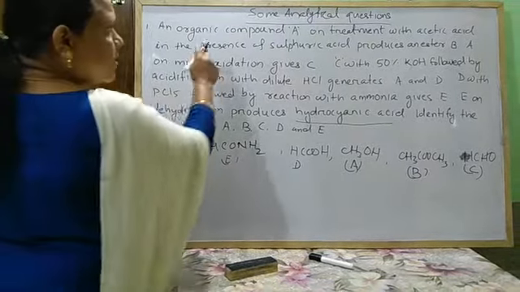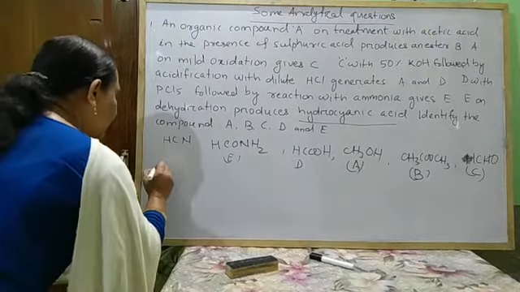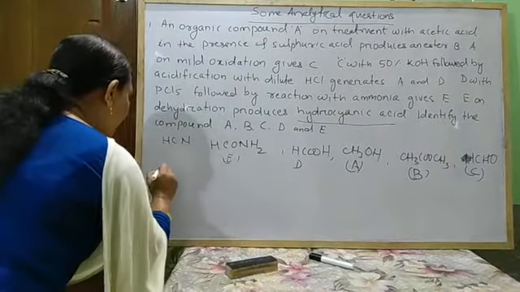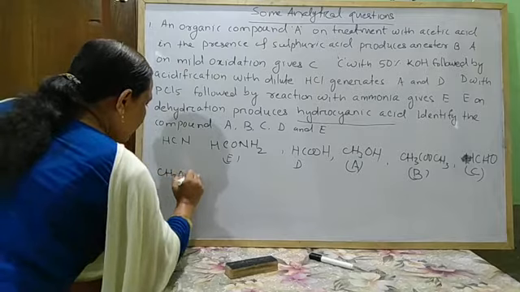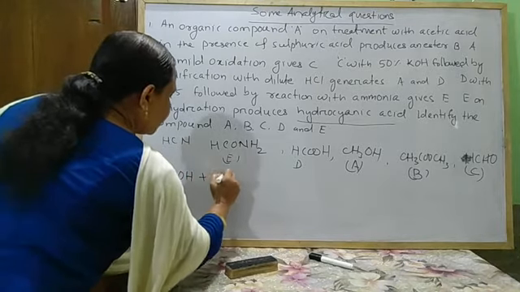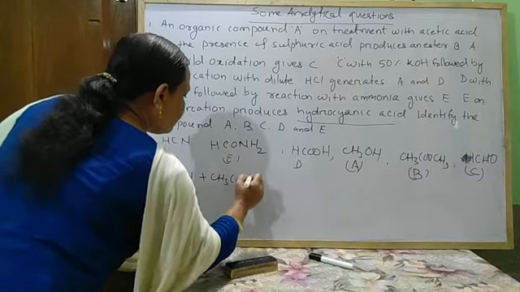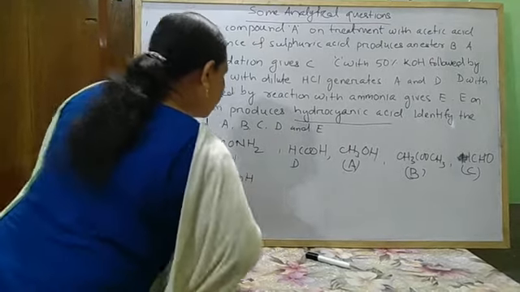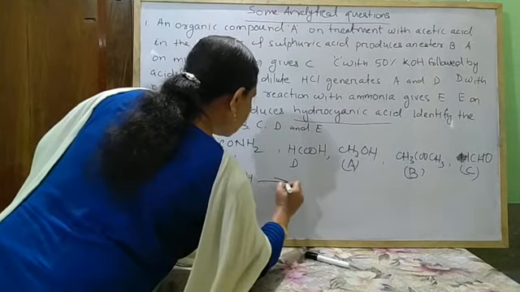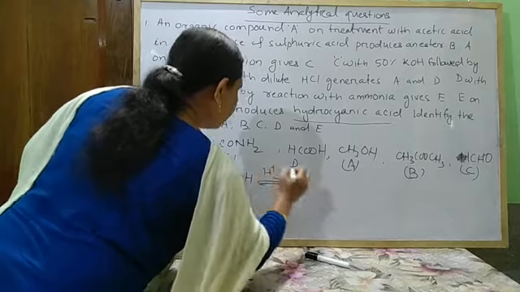Okay, then write down what is the overall reaction. Look here, organic compound A, treatment with acetic acid. So A, here we find alcohol, reacts with acetic acid in presence of concentrated sulfuric acid.